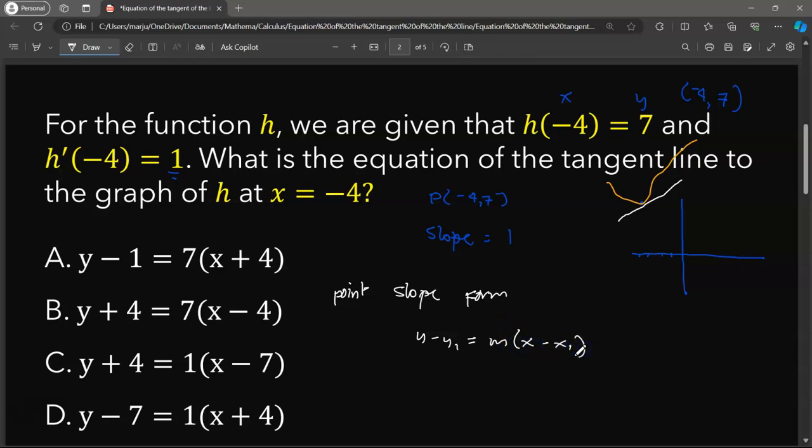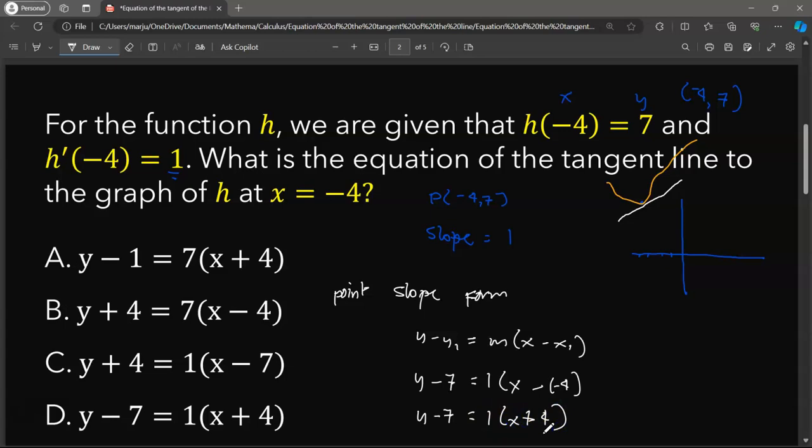In this example, we have a point, so we get y minus 7 equals, our slope is 1, times x minus our x, which is negative 4. So we have minus the negative 4. This gives us y minus 7 equals 1 times x plus 4.